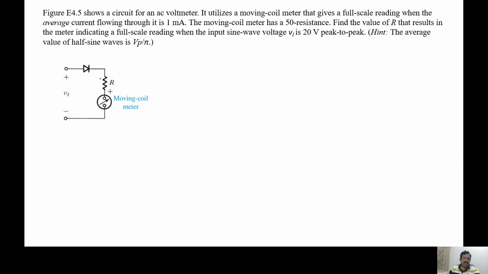So with that, the question is basically that this meter has a full scale reading. So what are all the facts that we can understand from this problem? Full scale reading: it shows, when I average, like a DC value, 1 milliampere.